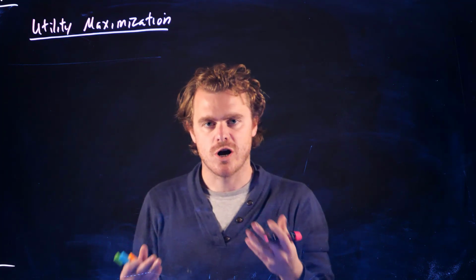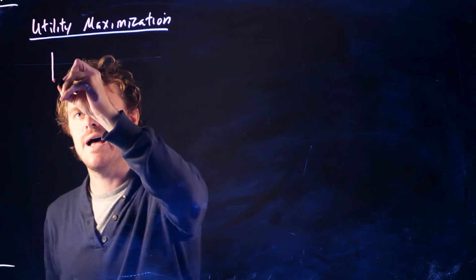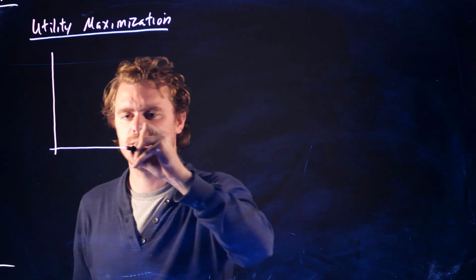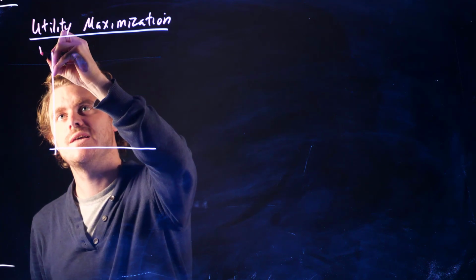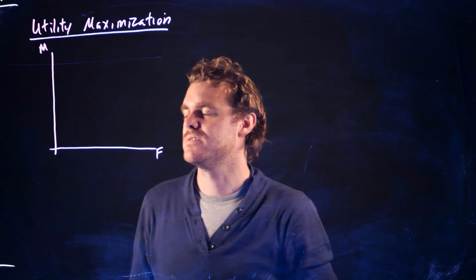So let's draw out these two concepts that we talked about. So we have a Cartesian plane here. Let's keep using that example. We have mangoes on our y-axis, fish on our x-axis.